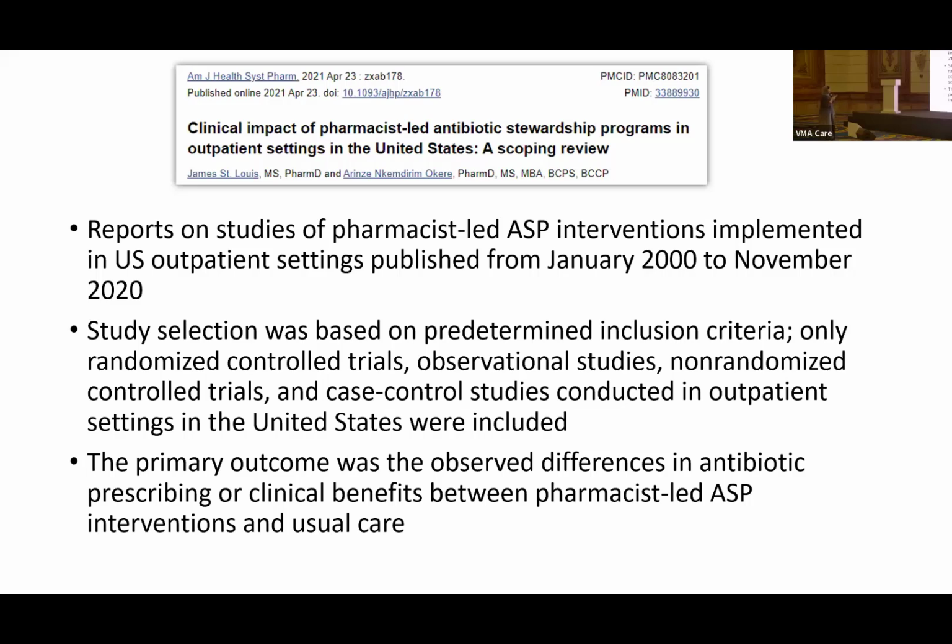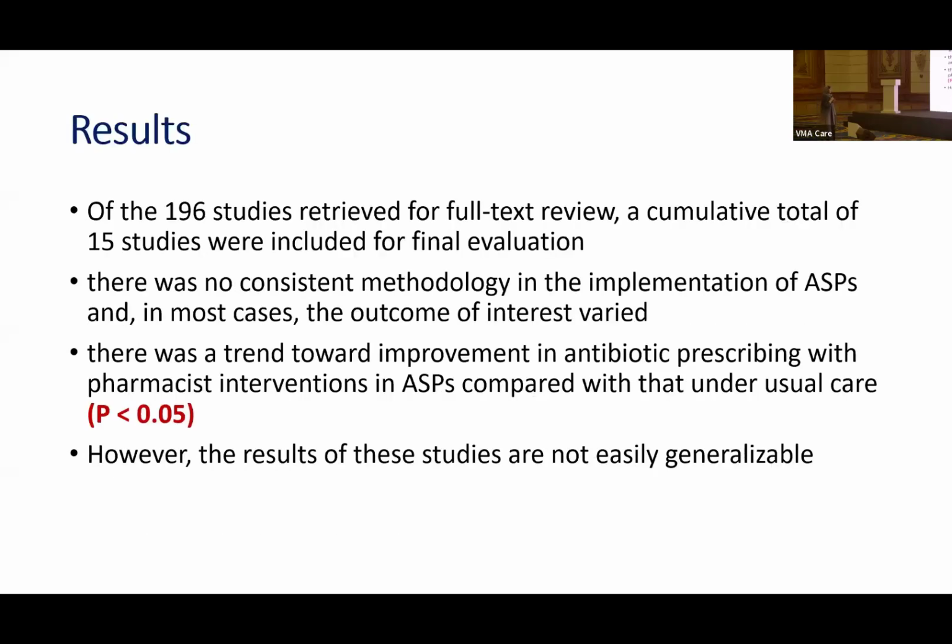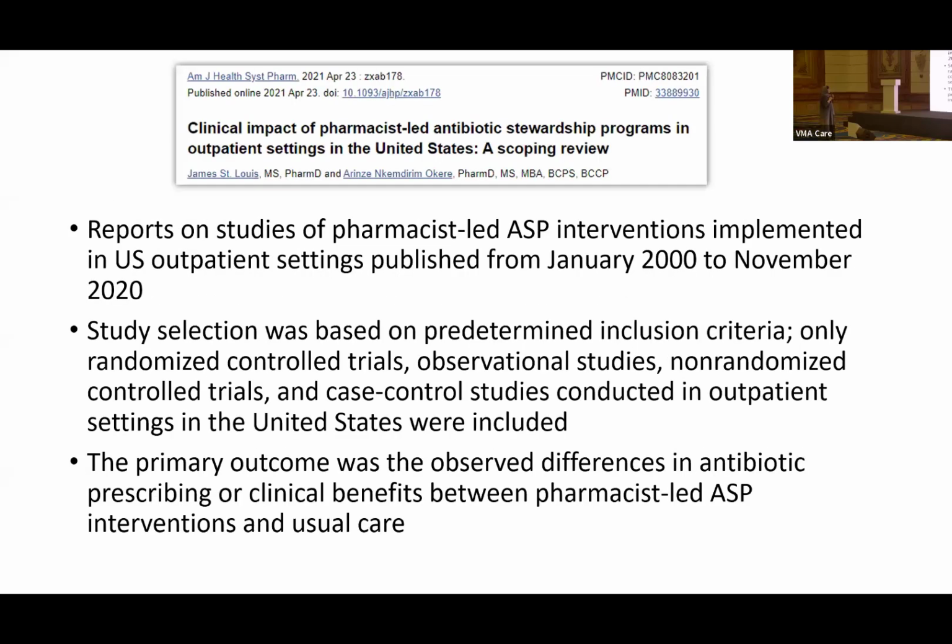The problem with ASP in the outpatient is that we don't know where to start, right? So when we want to start something new, we always try to choose something that is easily achievable and measurable, so we can at least get the wheel moving. This is a review that looked at different studies.